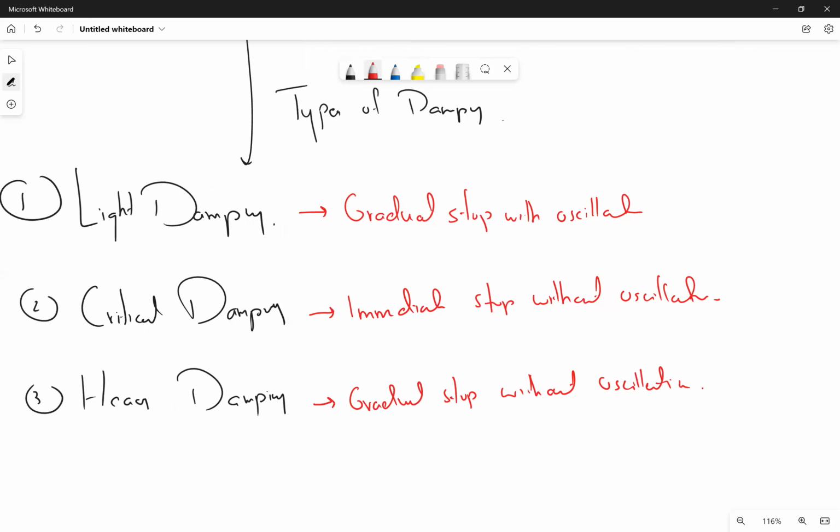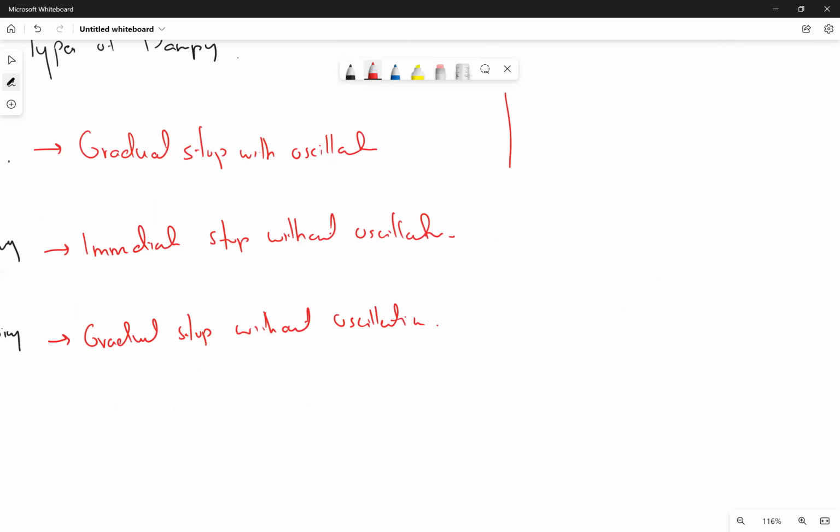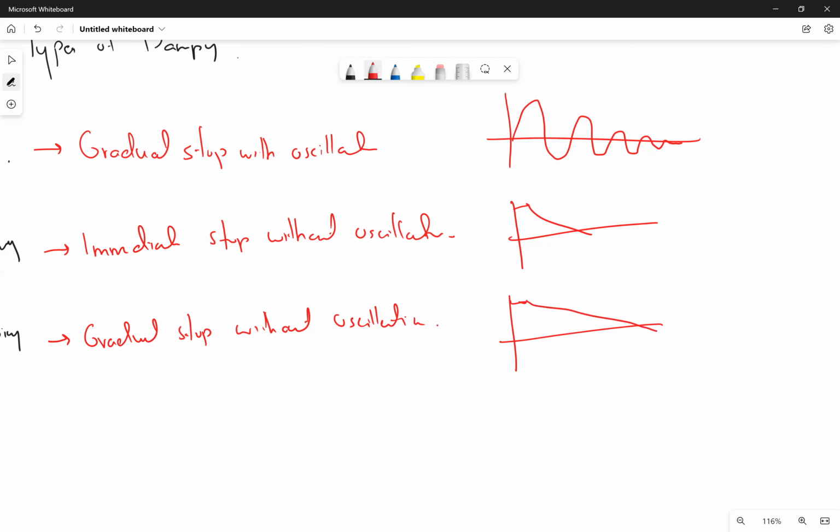Let's look at these graphs here. The first one, gradual stop with oscillations. The second, sorry, immediate stop with no oscillations. It came straight down. And then gradual stop without oscillations. This gradual one is comparatively steeper.